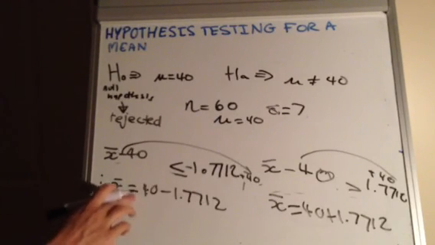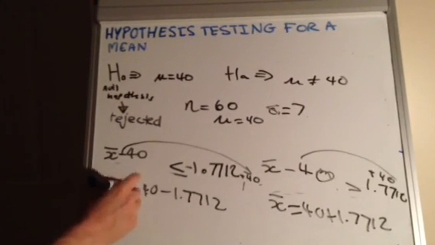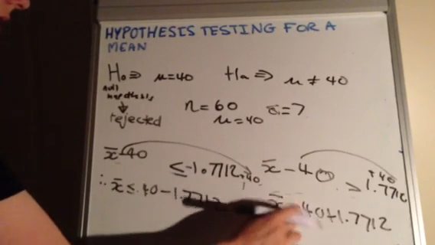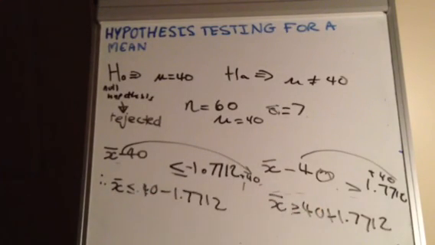And of course it's not going to be equal to, but we need to use inequality signs. Very important. And this is for the values to be rejected.